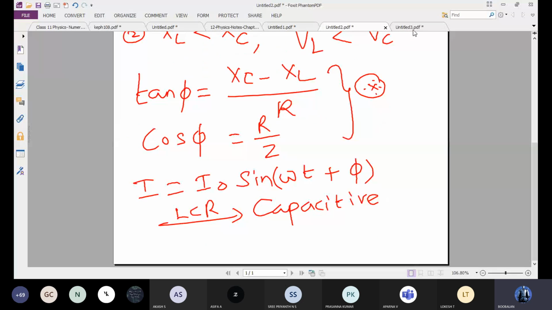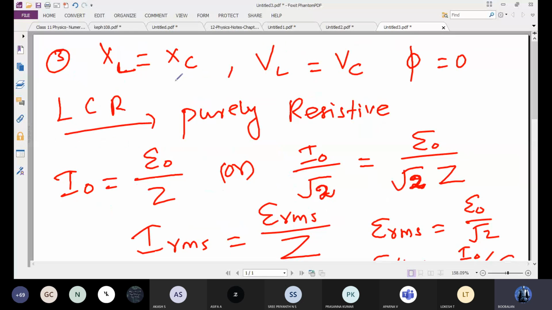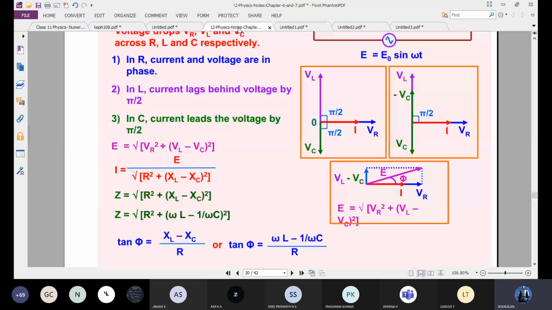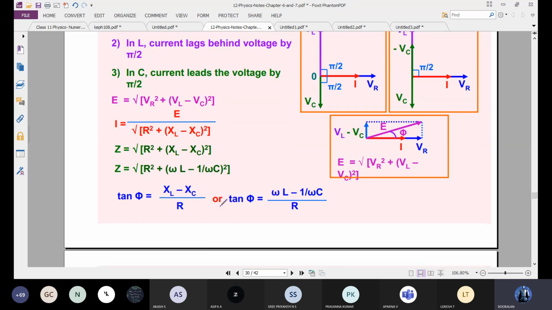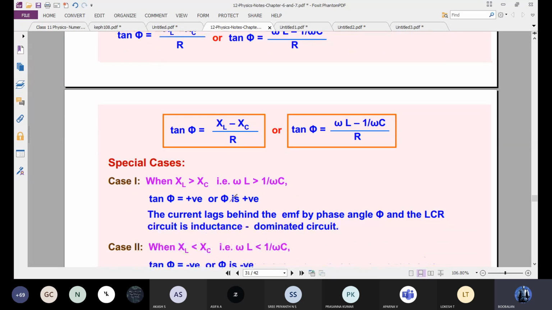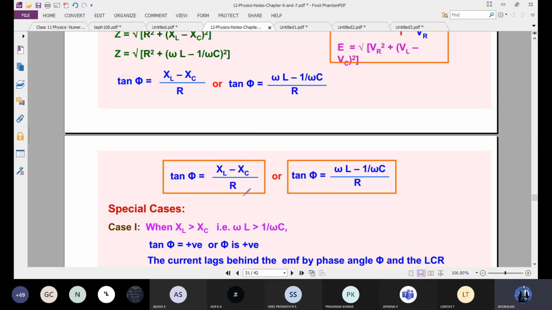Condition 3, XL and XC are both equal. And applying the values of XL and XC: XL is omega L, XC value is 1 by omega C.